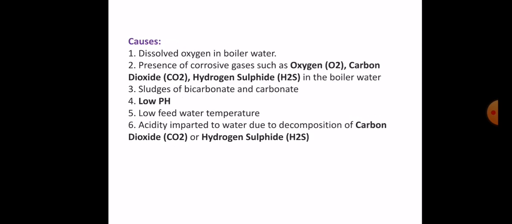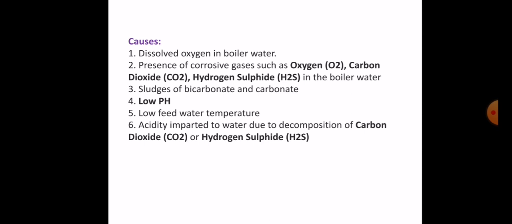Which are the causes? Over here you can see, first one, dissolved oxygen in boiler water. When dissolved oxygen is present in the water, corrosion may occur. Second, presence of corrosive gases such as oxygen, carbon dioxide and hydrogen sulfide in the boiler water. Third one, sludges of bicarbonate and carbonate.